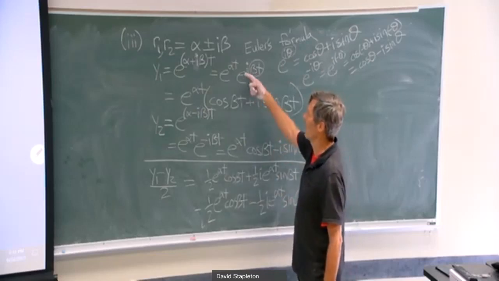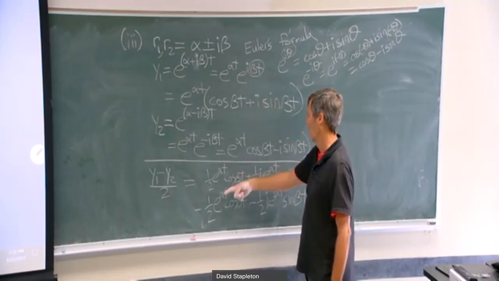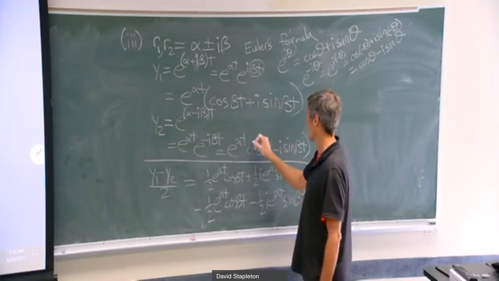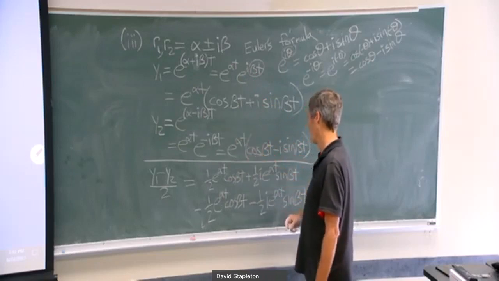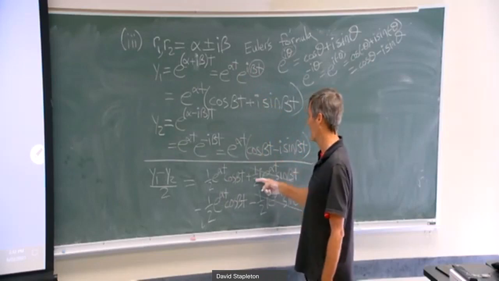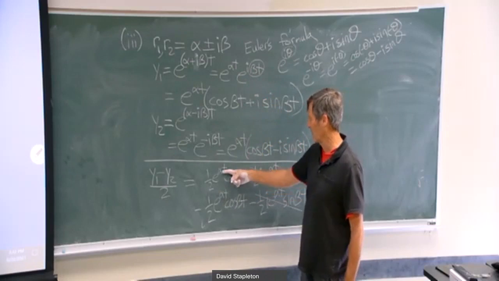So y1 minus y2 over 2 is this, 1/2 the first one, minus this, 1/2 the second one. So put a parenthesis there. Now something great happens. This is what I wanted. The imaginary parts cancel. This one cancels this one, and there's no more i.